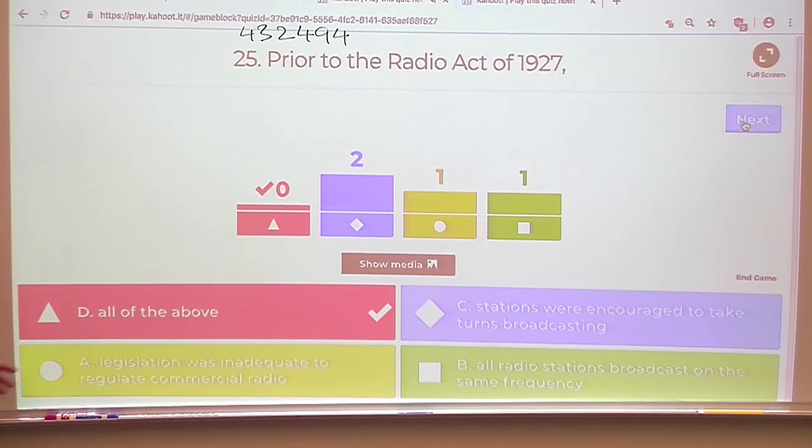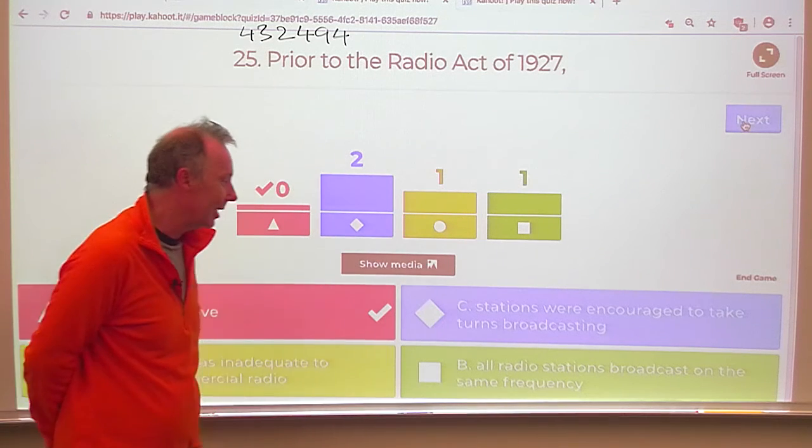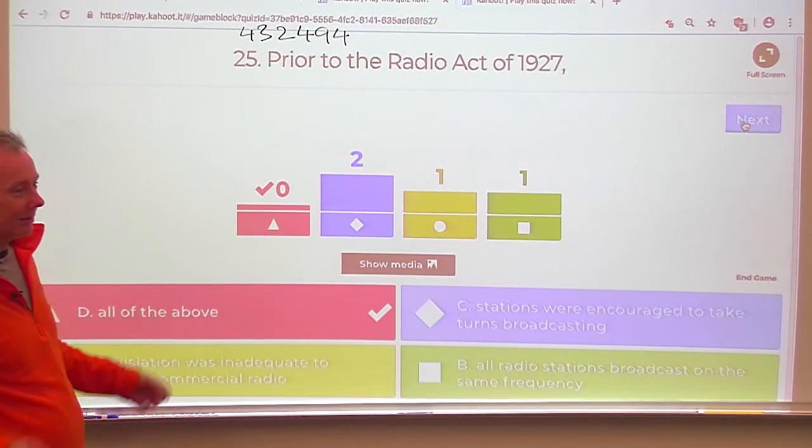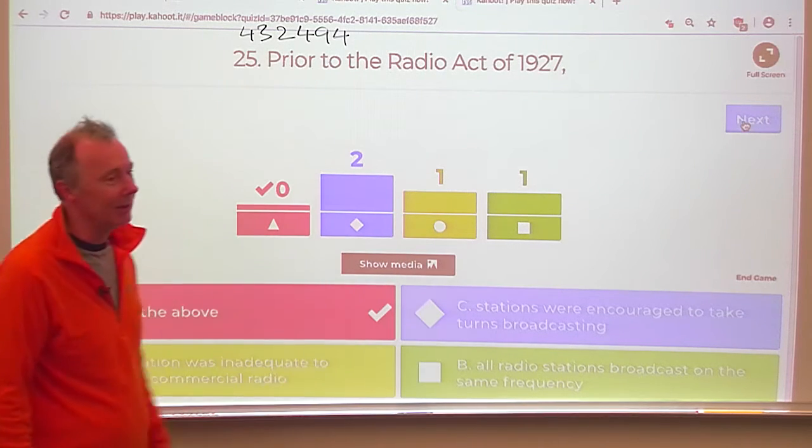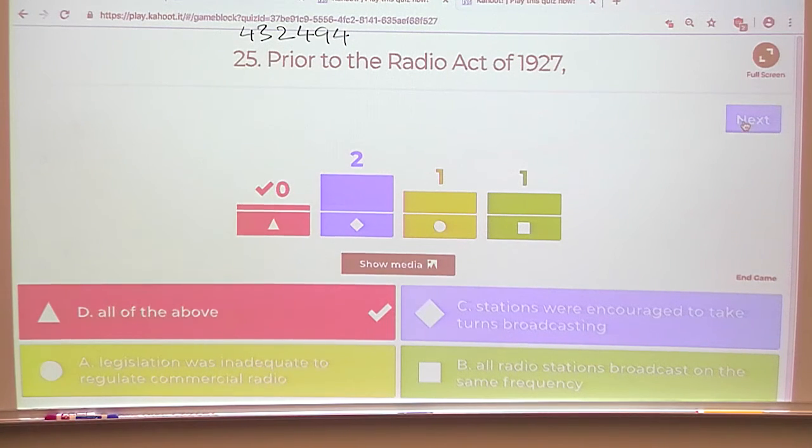So there really wasn't any effective legislation that was going to, for instance, assign frequencies and try to organize the radio business. All the radio stations were on the same frequency, which meant that there was trouble with overlapping broadcasts. So they were encouraged to take turns broadcasting, but clearly that was not going to work.